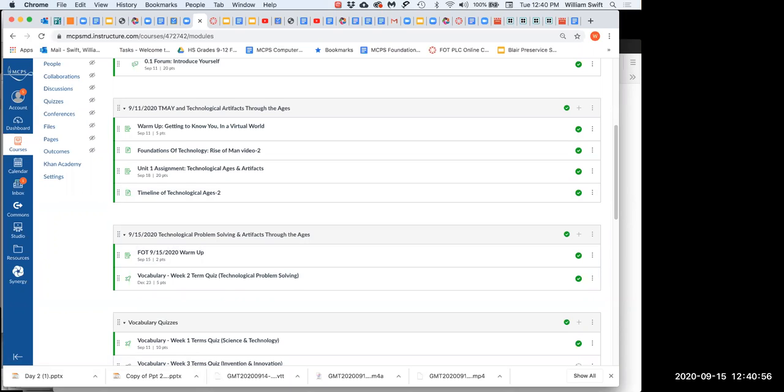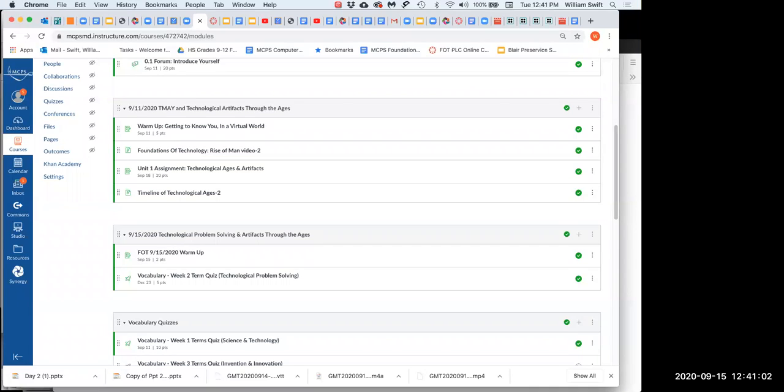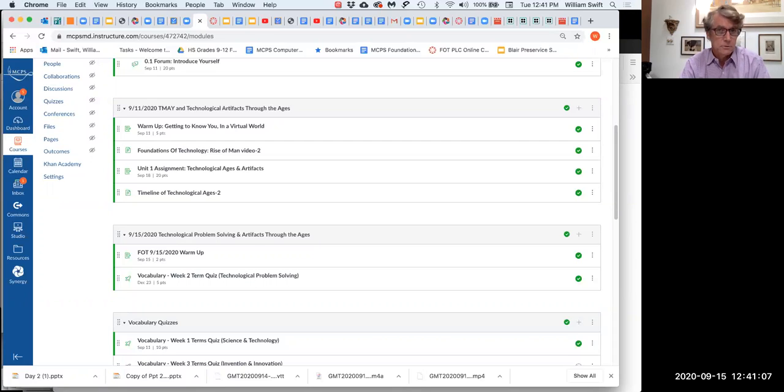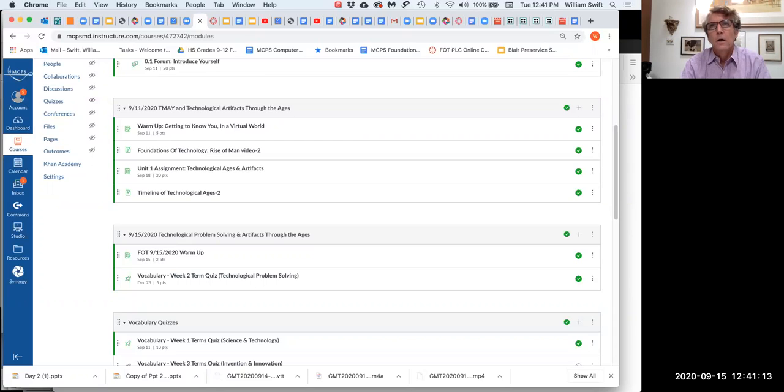Silicon Age. What's the other name for that? The Technological Age. Or the Technology Age. That's a different one. Information age. I think right now is the information age because so much of our technology and business is run about information.